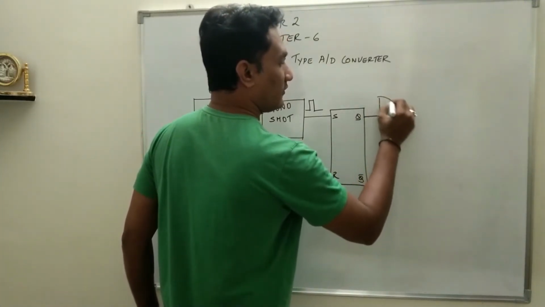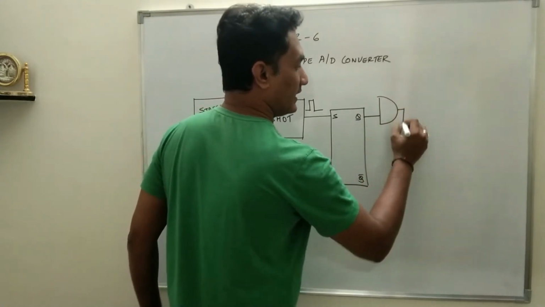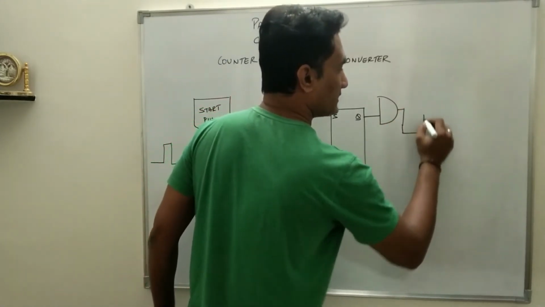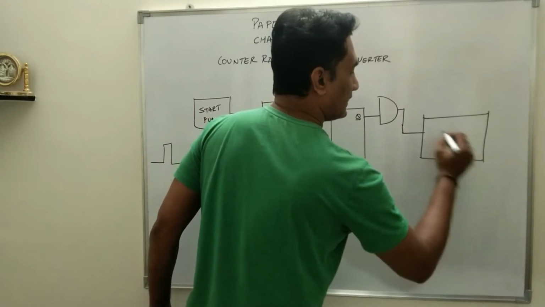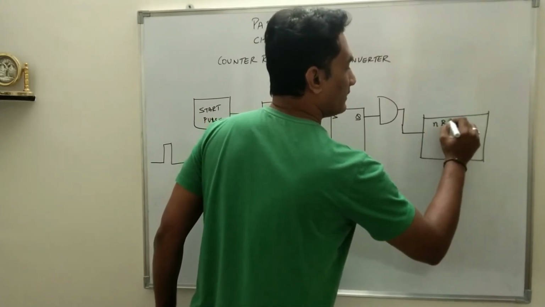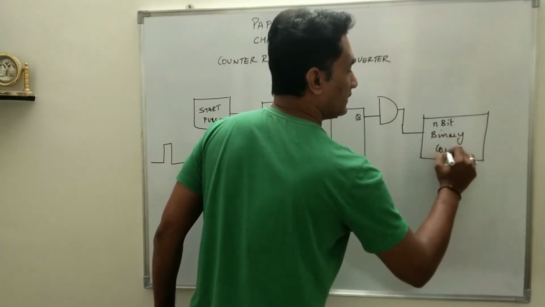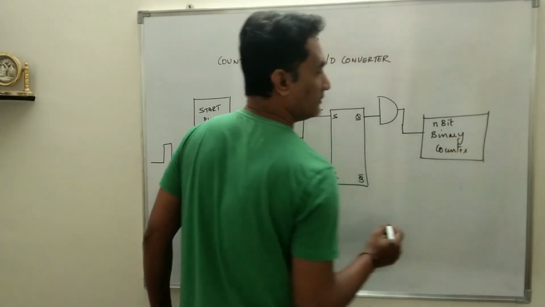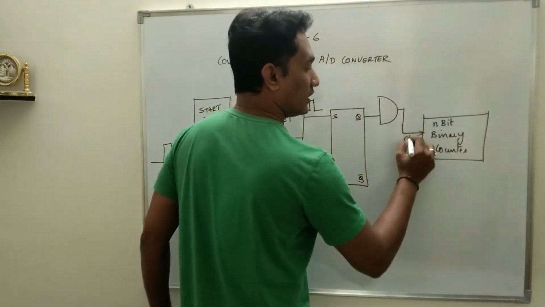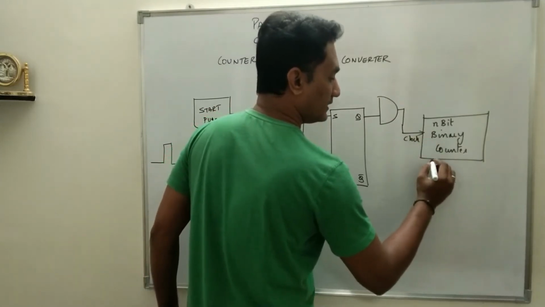The output of this flip-flop is connected to an AND gate, and the output of the AND gate is connected to the clock input of an n-bit binary counter.